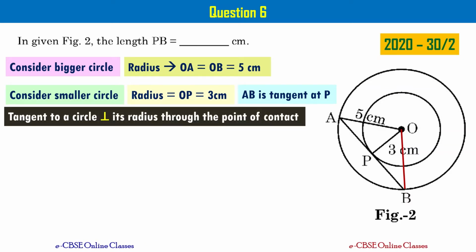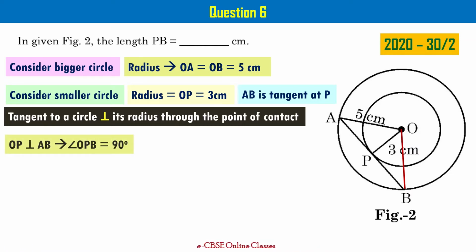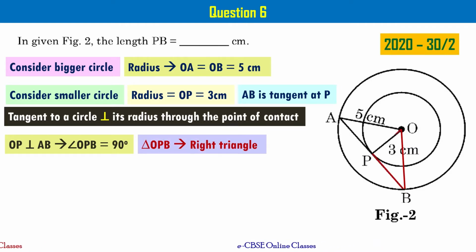We know that tangent to a circle is perpendicular to its radius through the point of contact. It means OP is perpendicular to AB, right? It means angle OPB equal to 90 degrees. So we can say that triangle OPB is a right angle triangle. It means we can apply Pythagoras theorem, right?